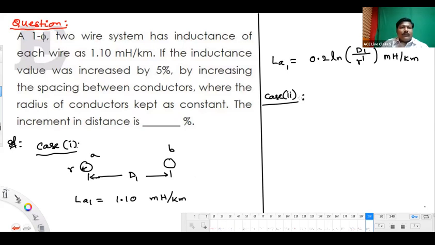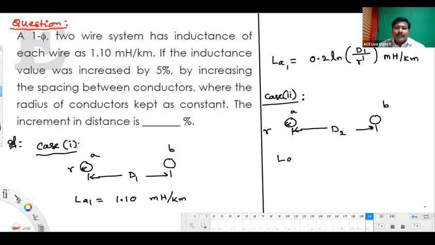Case 2. See, he is saying that the inductance value is going to be increased by 5% by increasing the distance. Let's take the distance as D2 now. It is conductor A and this is conductor B. Radius is R here. Distance between the two conductors is D2.